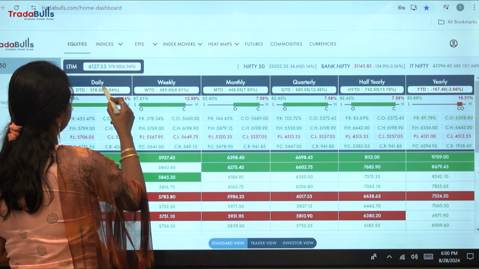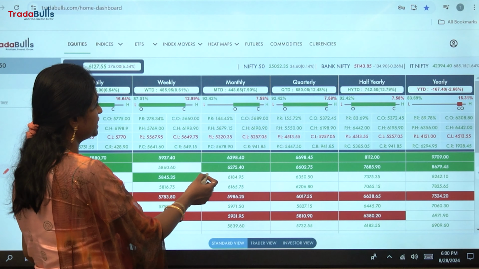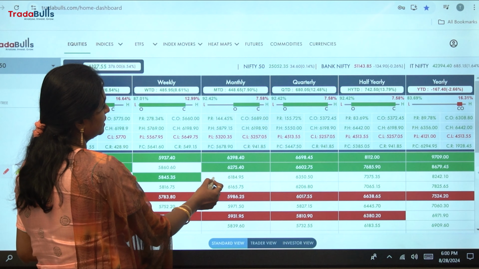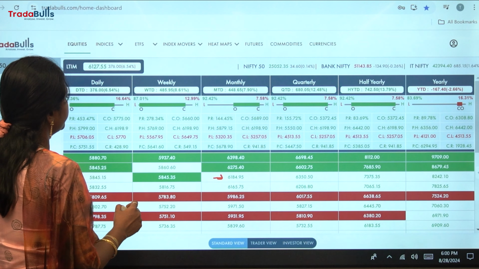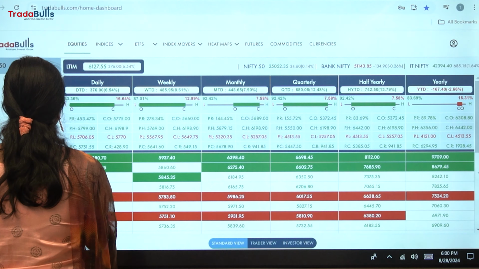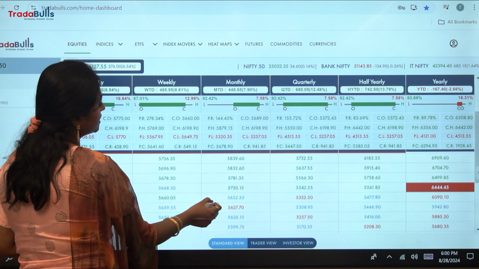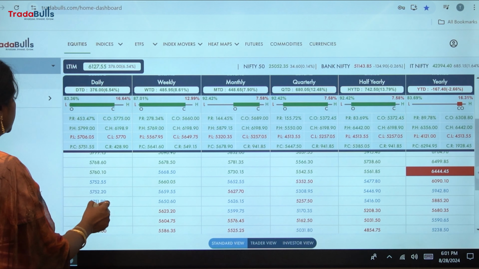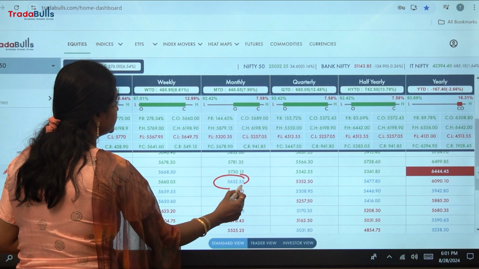Now coming to monthly, somebody who is trading on a monthly basis can opt for profit booking somewhere here, because the market price is now 6127. Here it is going in the upward direction, because we have already gone above the 3 CPR points.